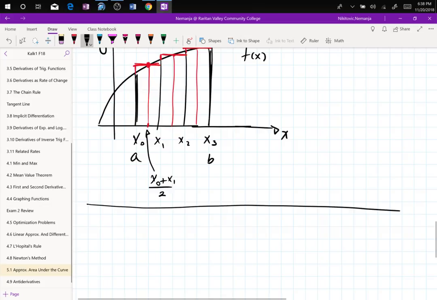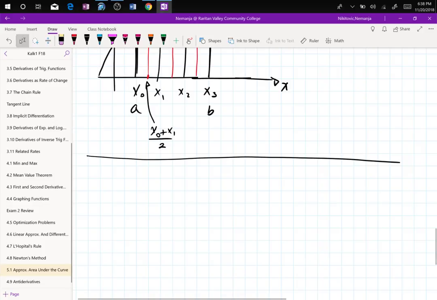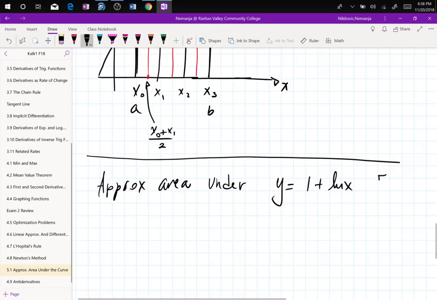I want to work out a midpoint problem, and let's say approximate area under y equals 1 plus ln x on 1, 4, using n equals, let's go with 3 rectangles.